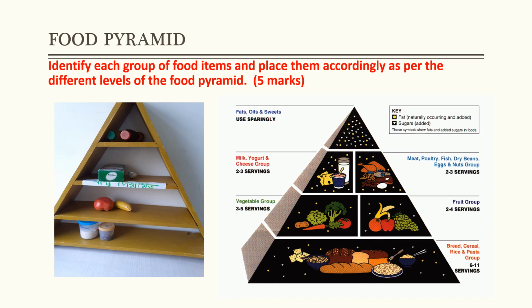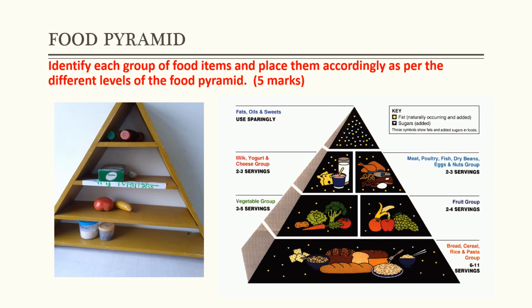You have to organize the sparingly used, that's fats, oils, sweets, at the top of the pyramid. Things like milk, yogurt, fish, meat, nuts, those are in the one next to the top one.